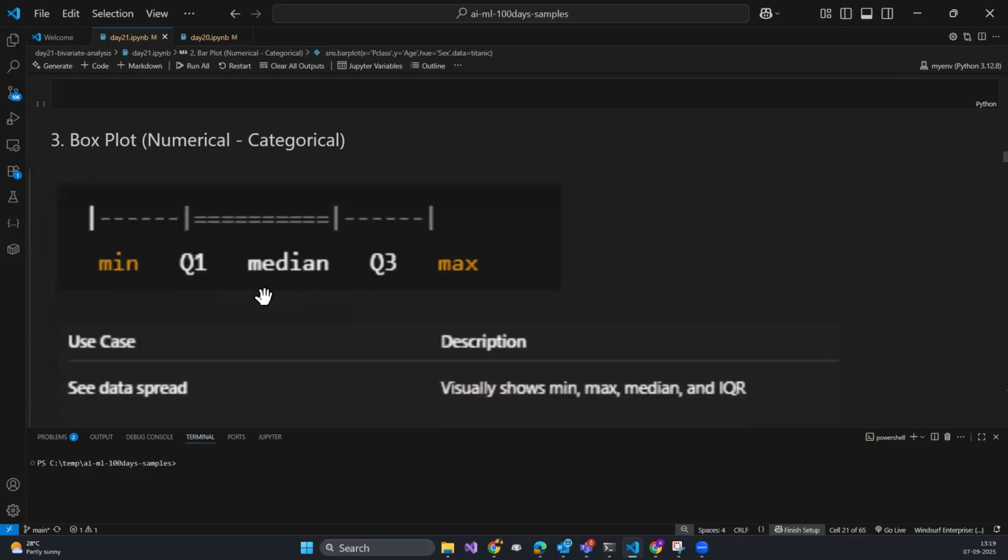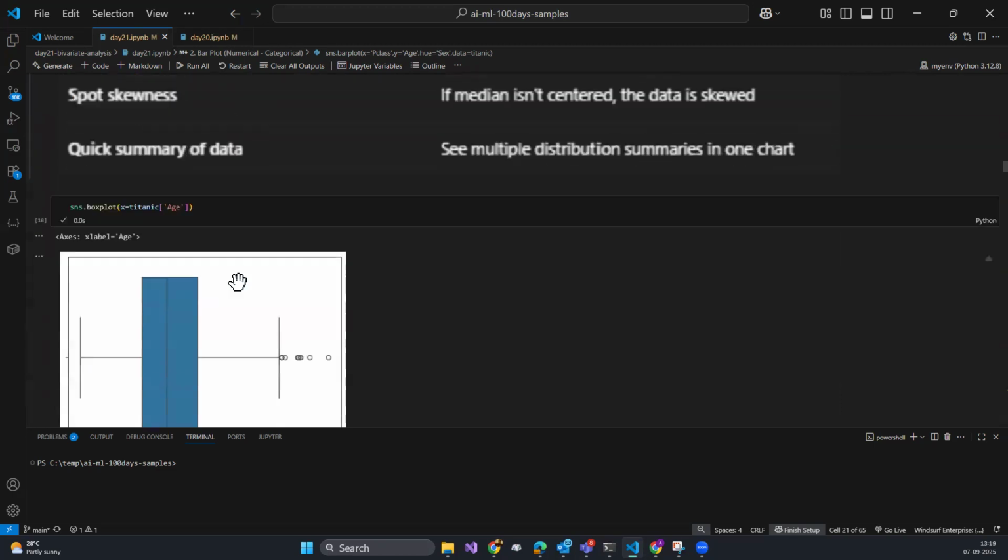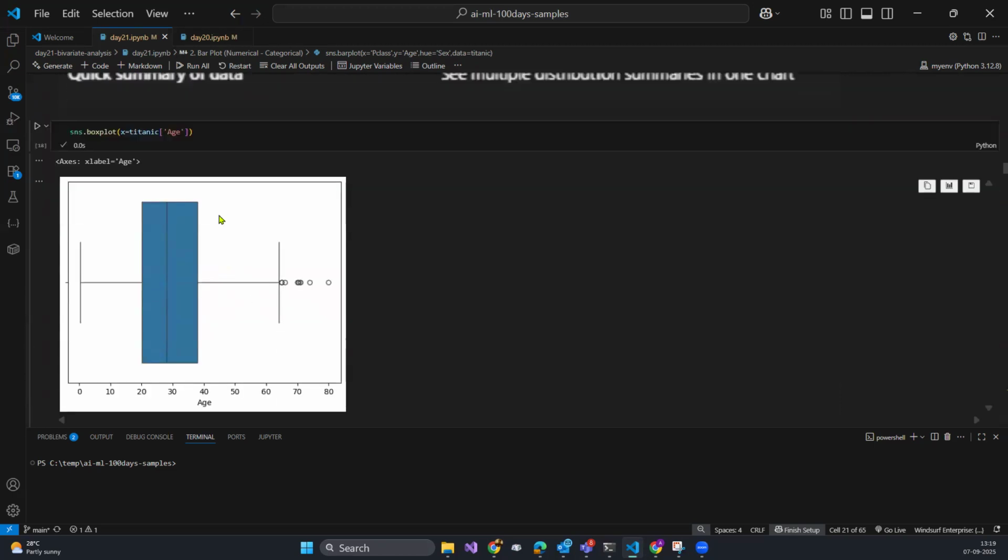Now, in numerical and categorical sense, we will see a box plot, right? So in the box plot, we are knowing how this box distribution looks like. This is for one variable, one column analysis, right?